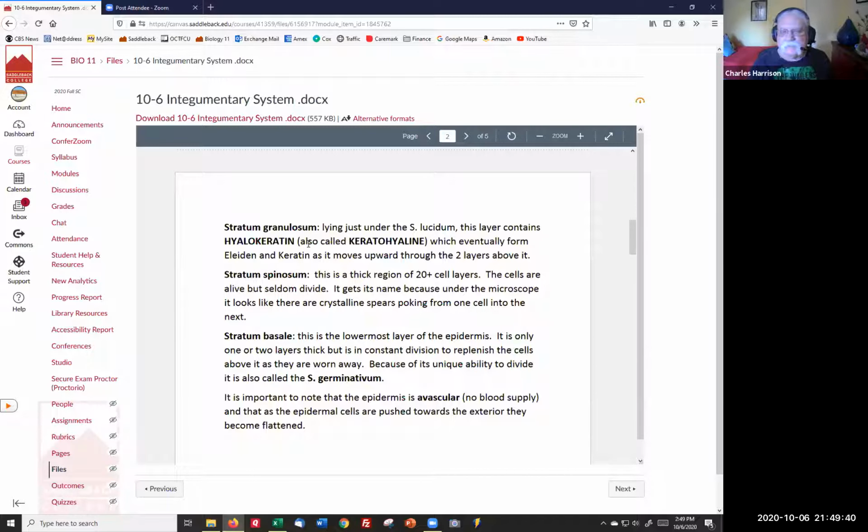And this chemical identifies this layer, the stratum granulosum. This hyalokeratin will eventually, as it moves towards the surface, as you lose cells, they're replaced, and everything moves up, and it will become eleidin. And when it gets to the very uppermost layer, the stratum corneum, it will become keratin.